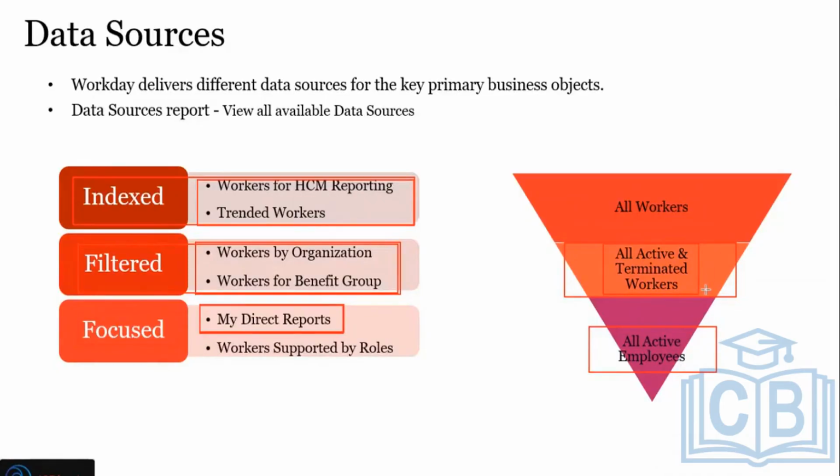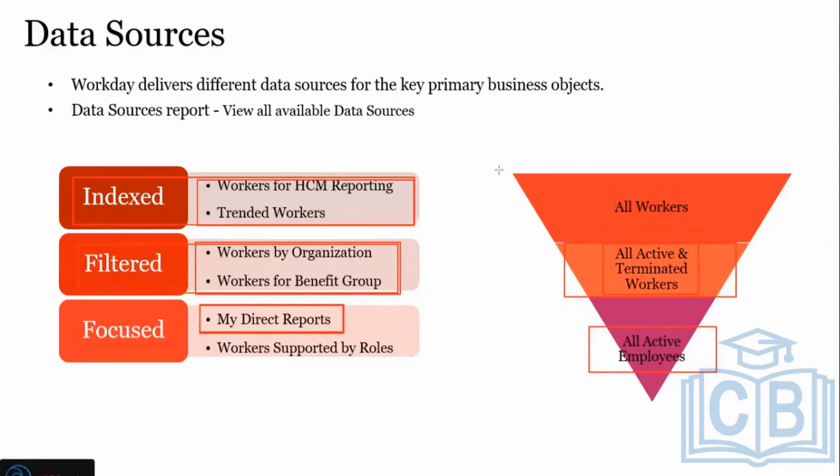If you see, first, you're loading additional rows into your report context, which takes time, which impacts your report performance. And then you're building additional custom filters to then remove those extra records. And on top of that, all workers. This includes all active workers, terminated workers, inactive workers, retirees, and so on.